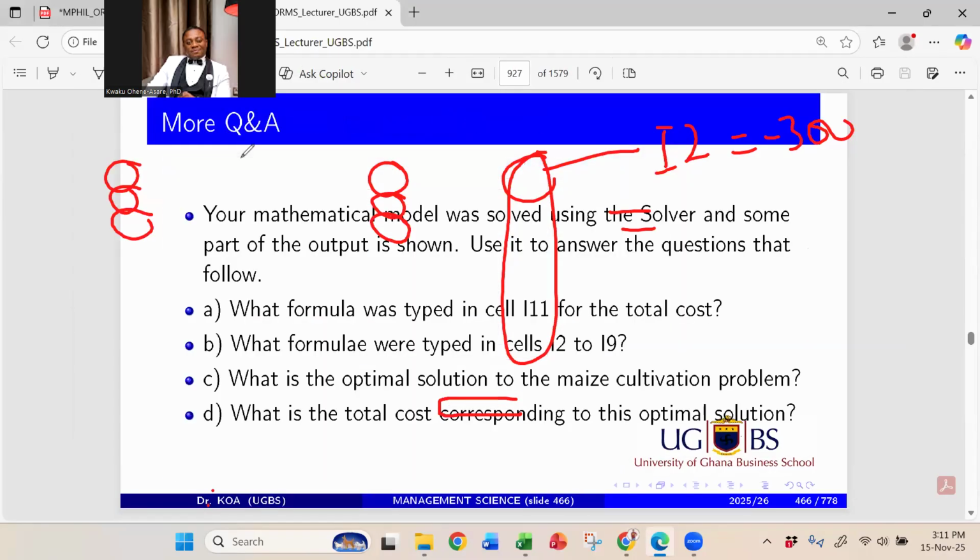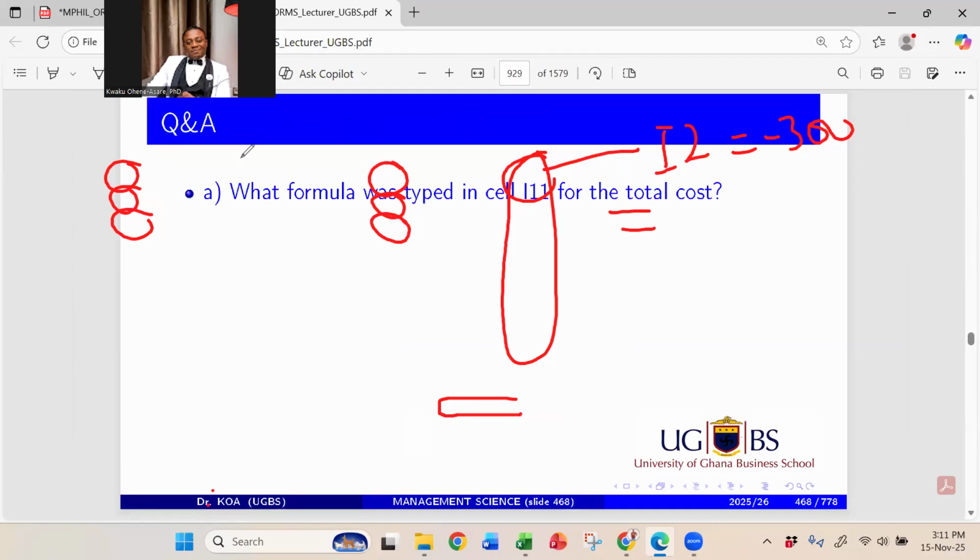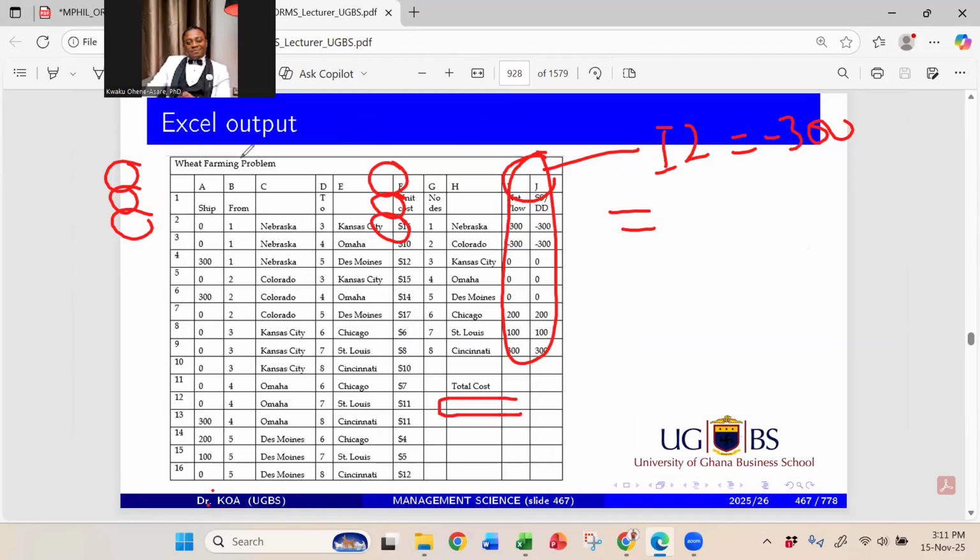Let's go back here. Oh, here. X13, that's this one. X13 is Nebraska, if you can remember. And we are looking at Nebraska's item that was shipped here. So to get this formula, because it's also negative, remember you're going to add and multiply.